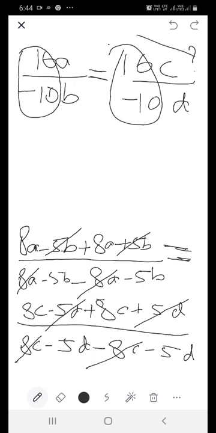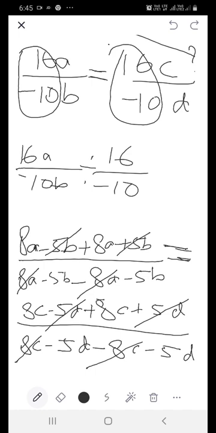When you divide by 16 upon minus 10 on both sides, if I divide 16a upon minus 10b by 16 upon minus 10, and I change it into multiplication, it will become minus 10 upon 16.